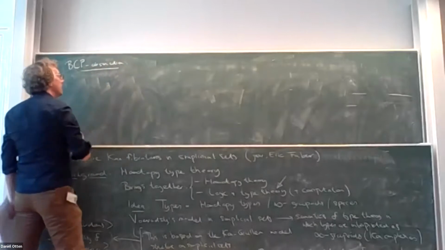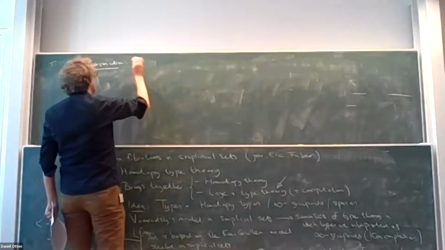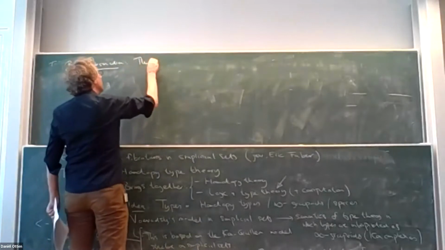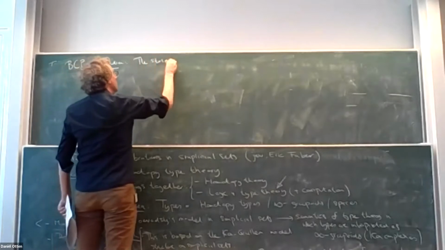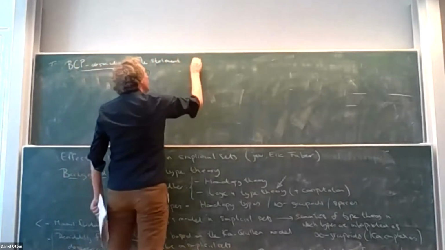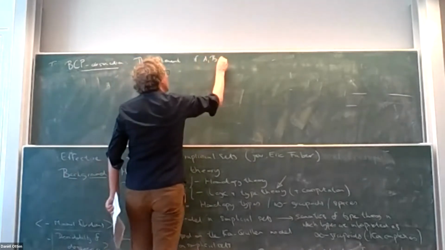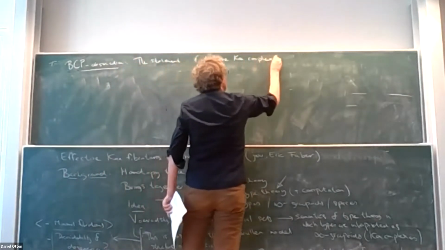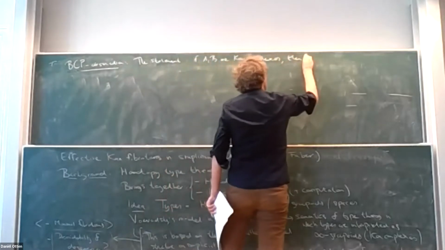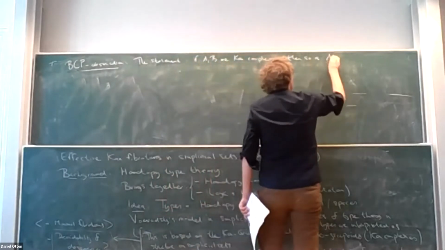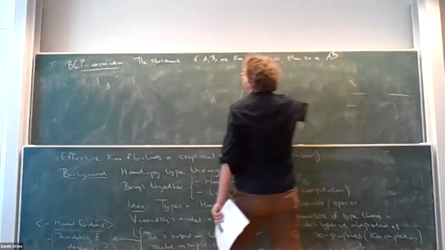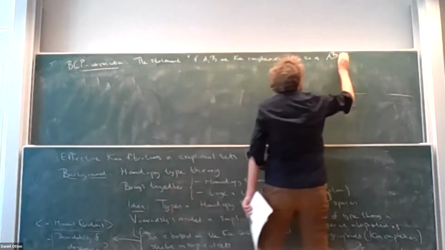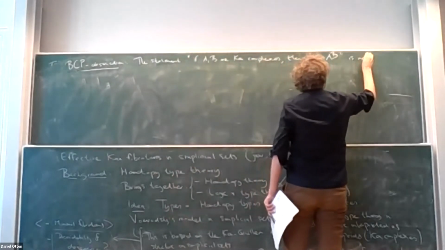That says that the statement: if A and B are Kan complexes, then so is A to the power B, is not constructively valid.